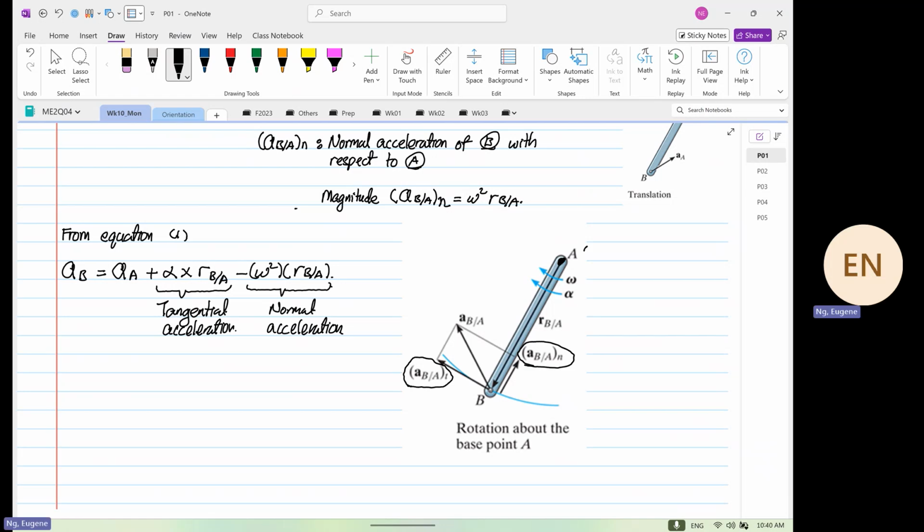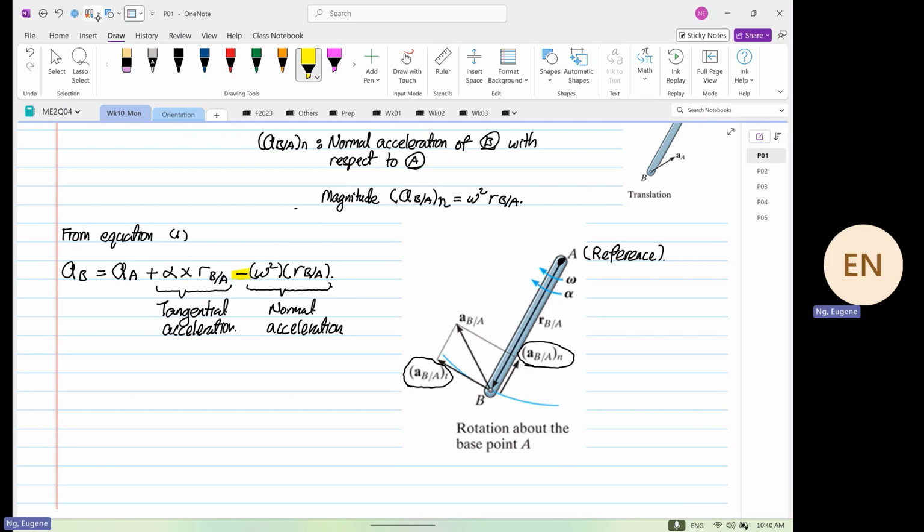The reference. So over here, this is our reference. And for this reason only, that's why we put a minus sign.